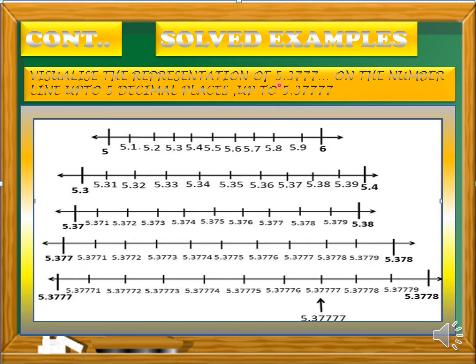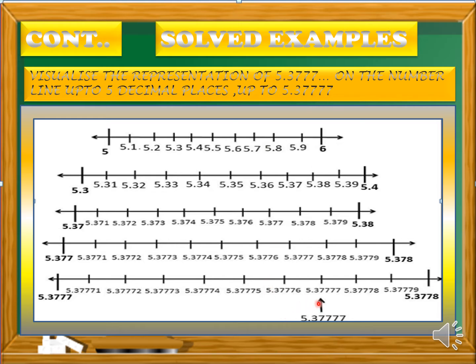So the next number that is required is 5.377, and here you can see 5.377 plus 1, 5.3778. So we are going to split further and we can see 9 subdivisions between them, that is 5.37771 till 5.37779. What they have asked to find is 5.37777.